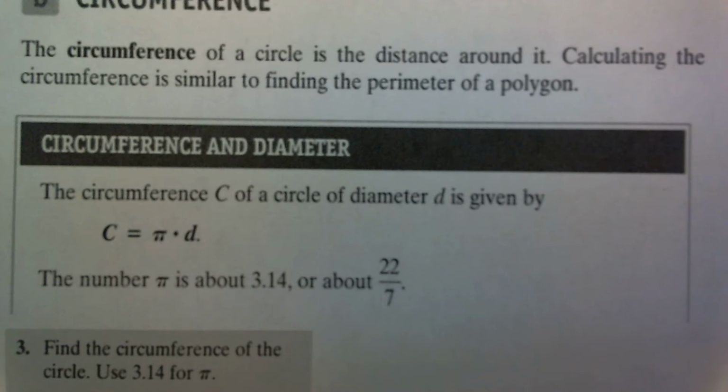So here we are given a diameter of 18 inches, and we're supposed to find the circumference of the circle being given by this shape here. So here it is suggested to use 3.14 for pi. So c equals pi times d. In other words, 3.14 times 18.